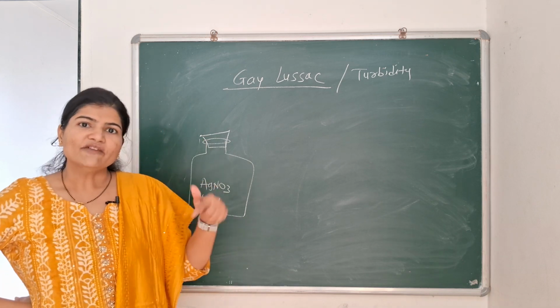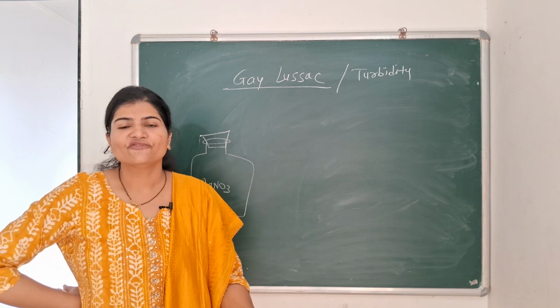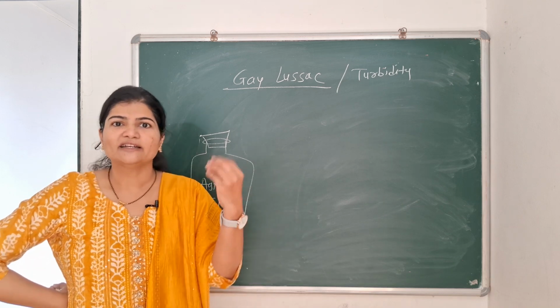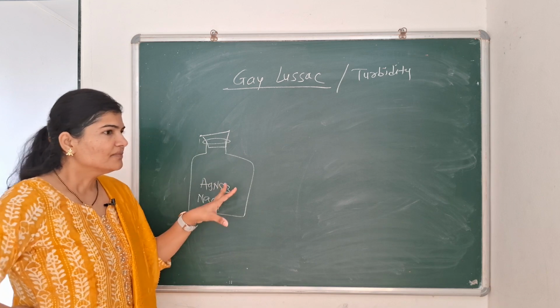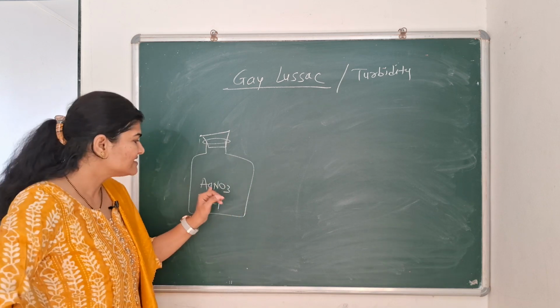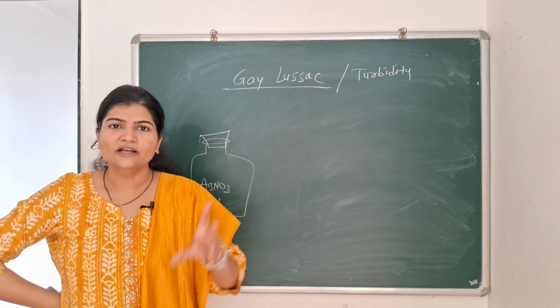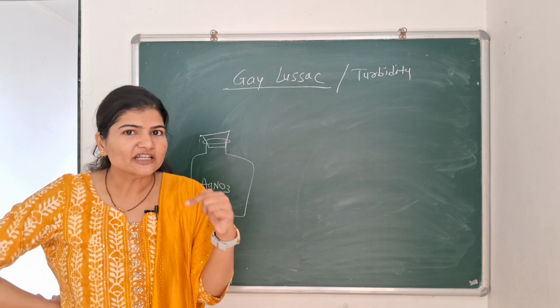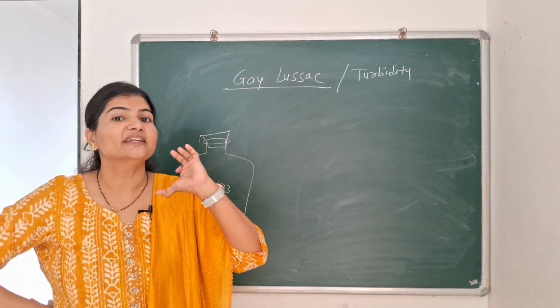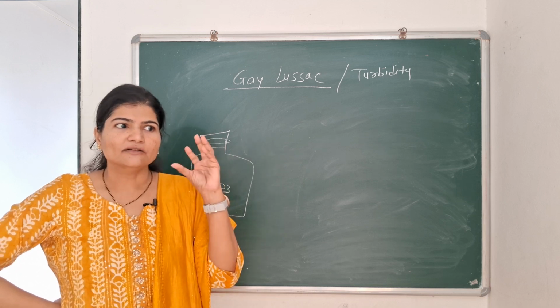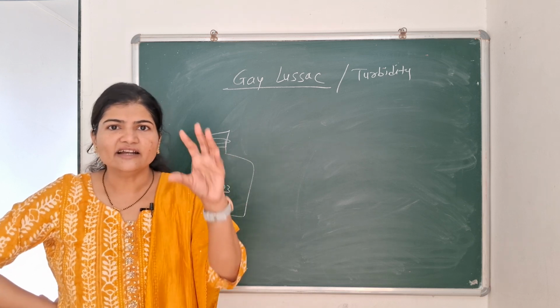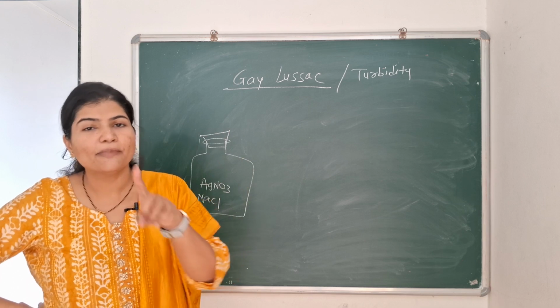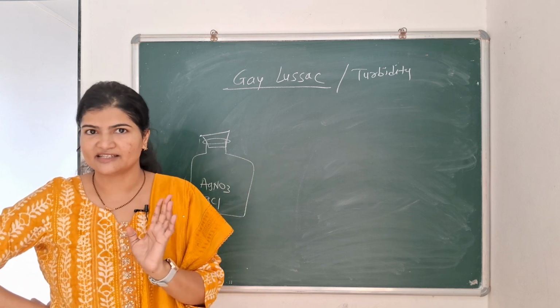Now I will go on adding aliquots of titrant, say 10 ml, 10 ml, 10 ml. Every time I add silver nitrate to the bottle, I will close the bottle and shake it. If precipitation is taking place, it will result in turbidity, and after a few seconds that turbidity will be settled by the coagulant present inside.